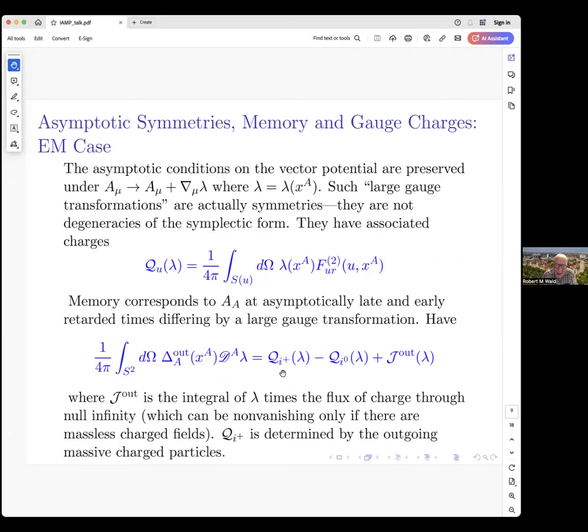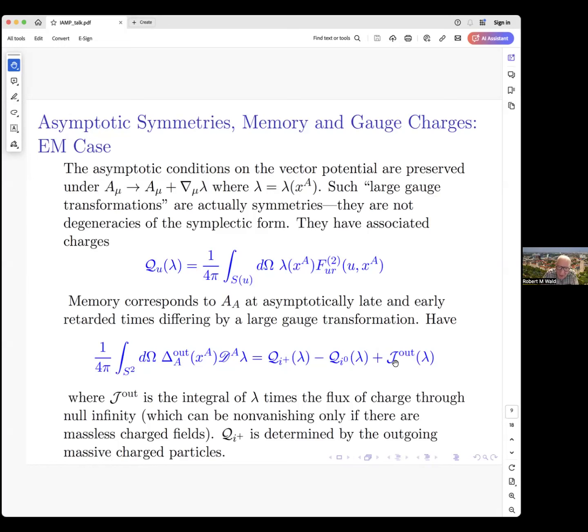Not necessarily taking that theory seriously as describing nature, one can talk about the large gauge charges and so on in the Yang-Mills case, and memory in the Yang-Mills case, and then from the nonlinearities of the Yang-Mills theory, you get a current flux.